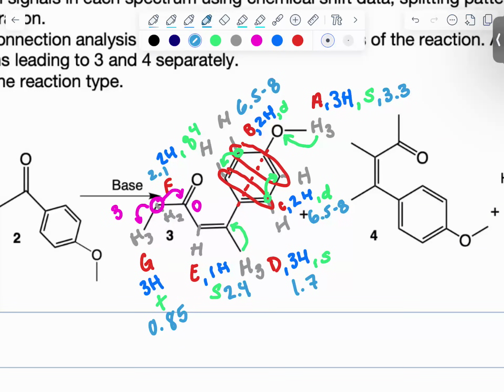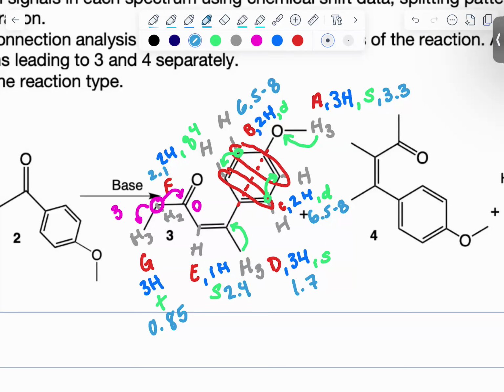So if you had an NMR question on the exam, you should know how to do all of these steps, and be able to report how many protons are in the signal, how many signals there are, what is the splitting, and what should your chemical shift be.